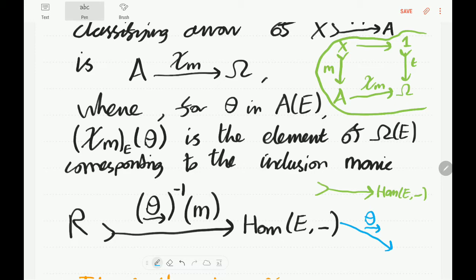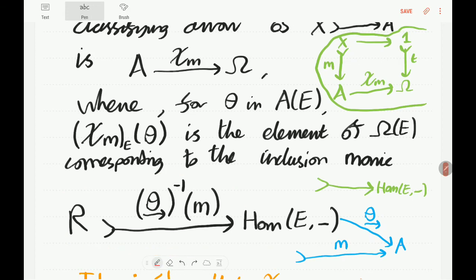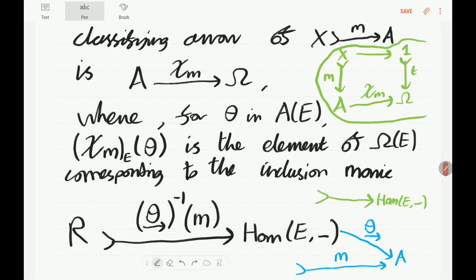And that gives us an arrow theta under arrow, which is going to be an arrow from Hom(E, -) into A. And then we also, of course, have this sub-object M of A, and then we just pull back M along theta under arrow, and this is going to give us this sub-object here of Hom(E, -). This is what we call theta under arrow to the -1 of M.